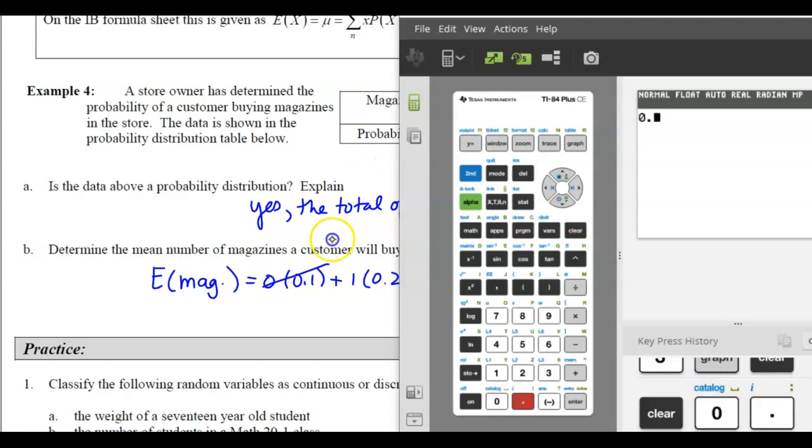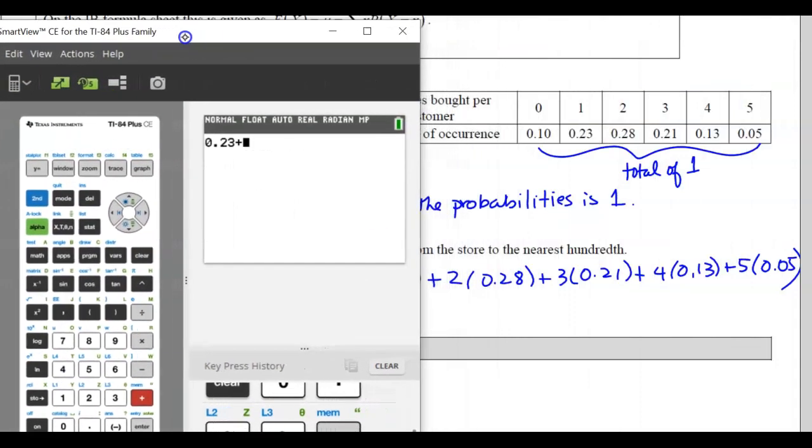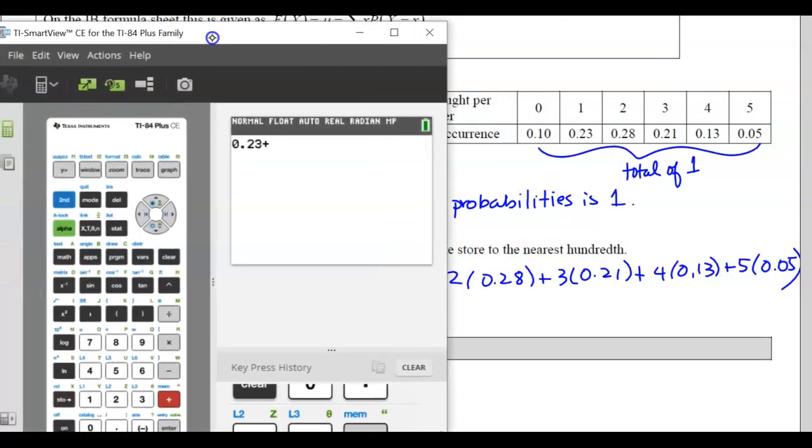Then 2 times 0.28 plus 3 times 0.21 plus 4 times 0.13 plus 5 times 0.05.